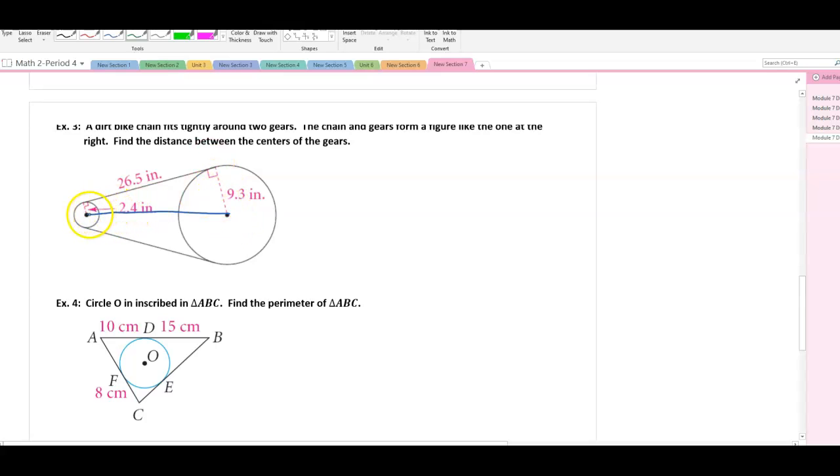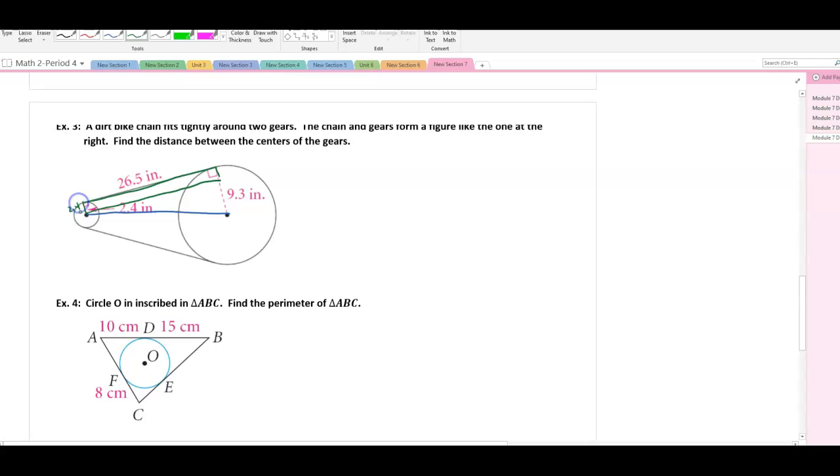To figure out the distance from one center to the other, I'm going to draw another line parallel to this line. Because when I do that, what figure is formed? A rectangle.